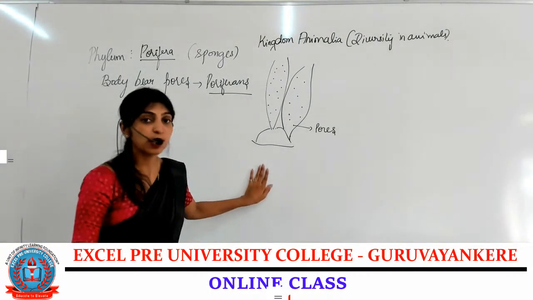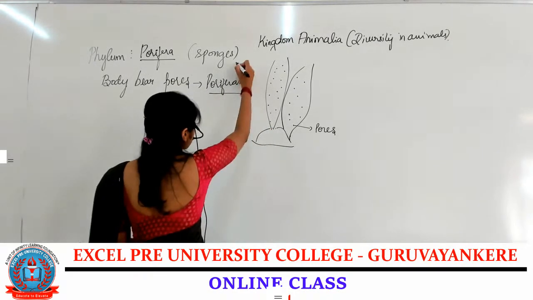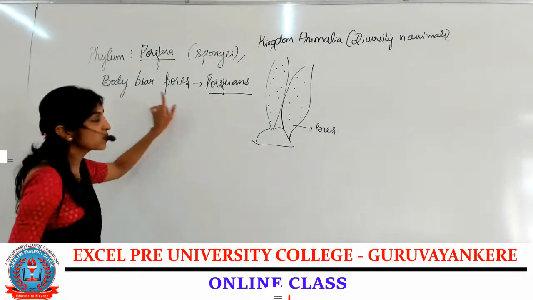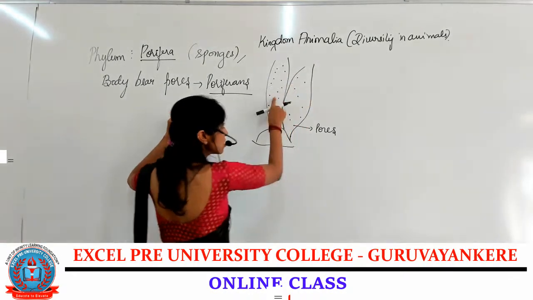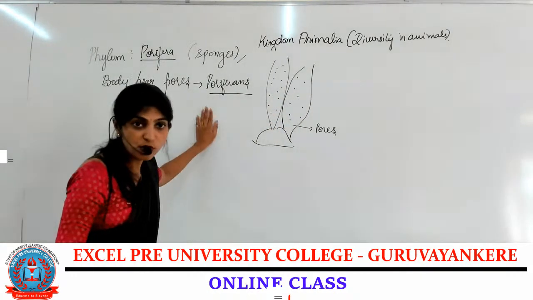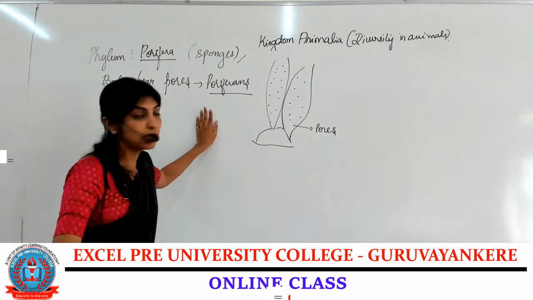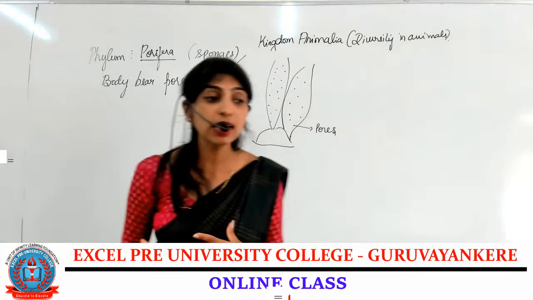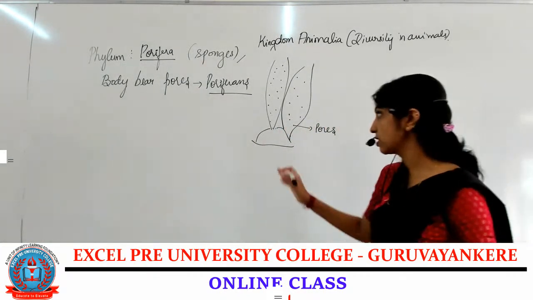The animals belonging to phylum Porifera are generally called sponges, and the body of sponges consists of smaller pores. Due to those pores, they are Porifera, pore-bearing animals.